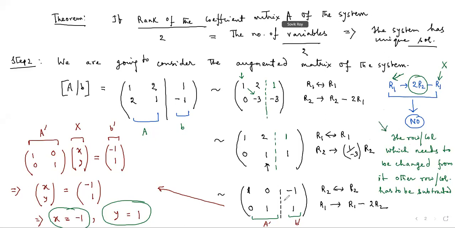The second point is the following. The rank operation that I have covered over here is not limited to square matrices only. Whether the matrix is square or rectangular, this operation can always be performed.